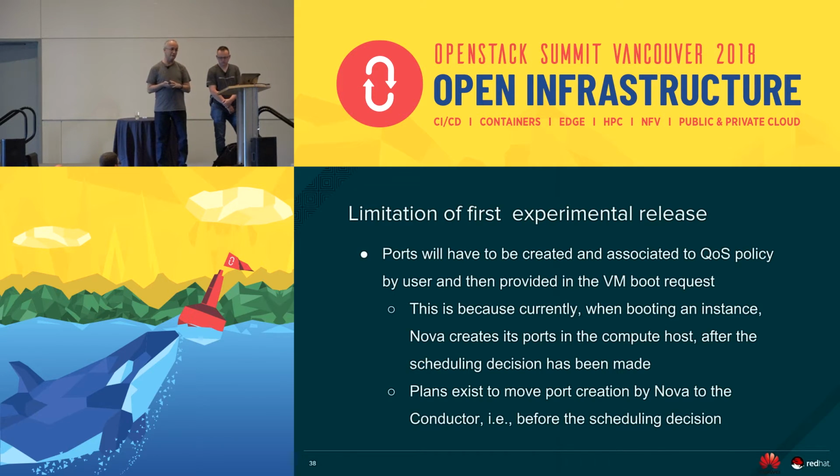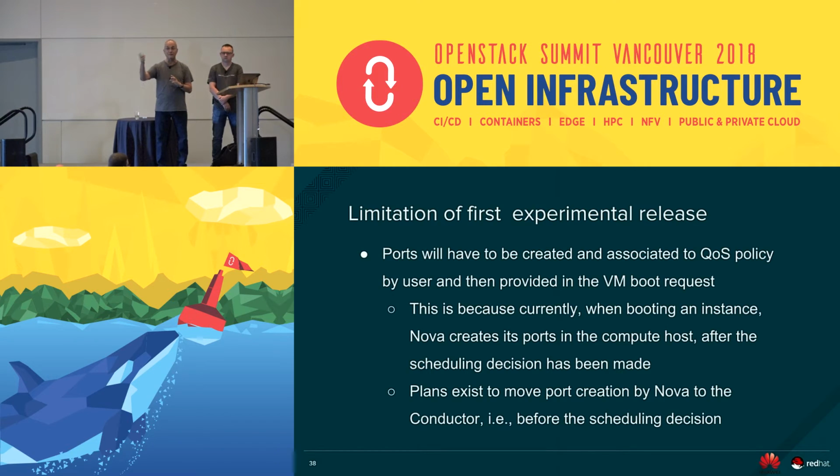The reason for that is that today the way Nova works is that if Nova were to create the port, that port would be created by code running in the compute node.